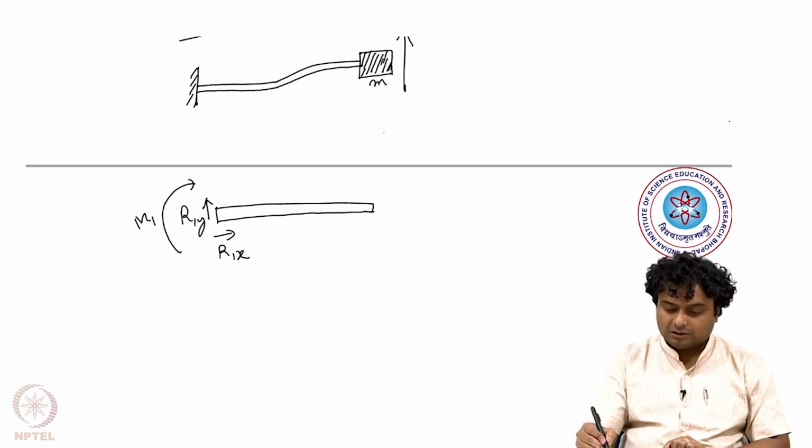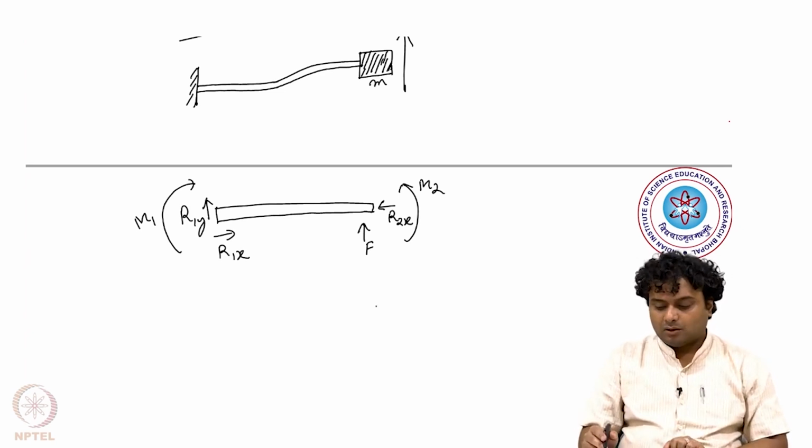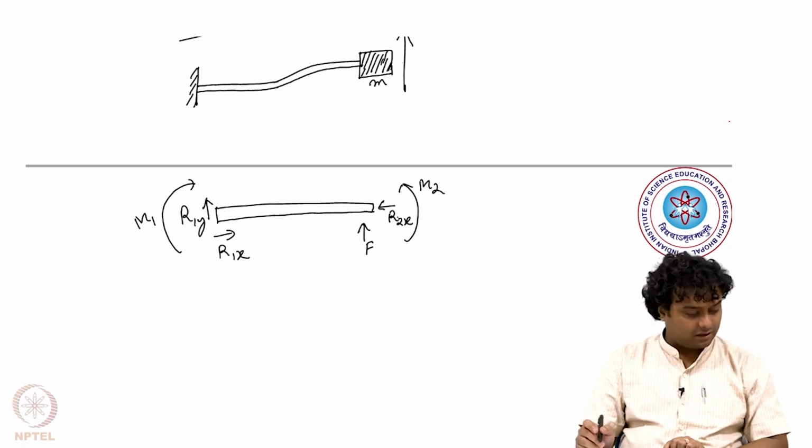In this direction we are applying the force, so we have the external force F, and then the reaction force R2x and the reaction moment M2. You see that in the y direction we have not mentioned any reaction force at this end, because in that direction the mass can move, so there will not be any reaction force.